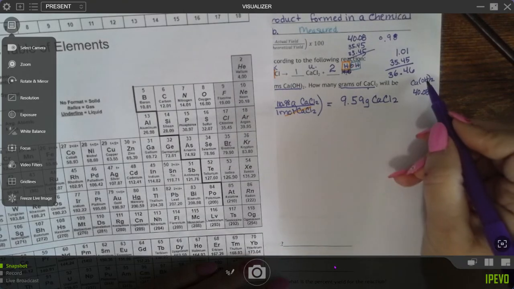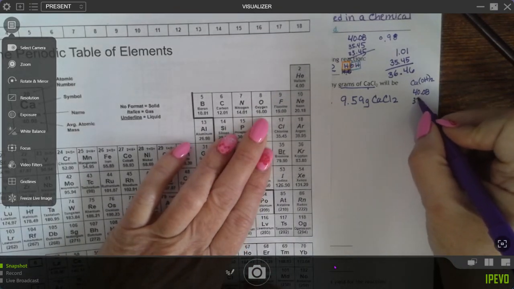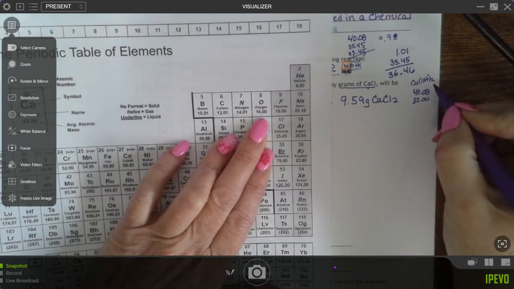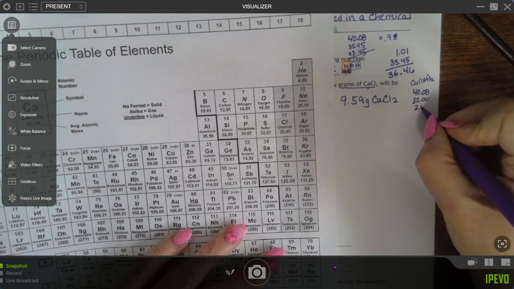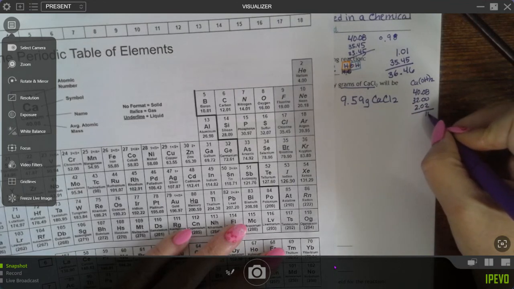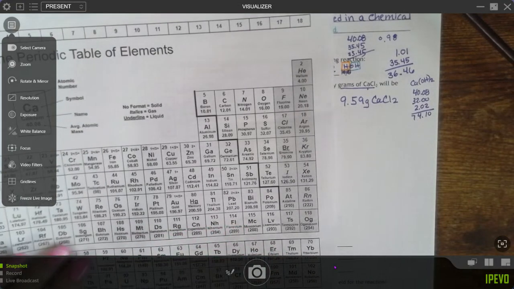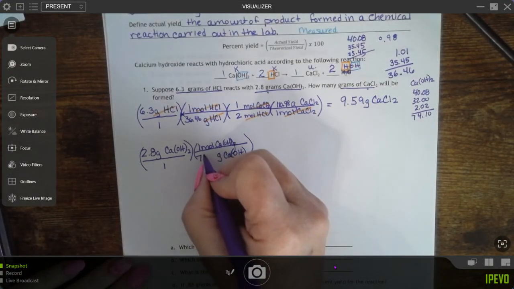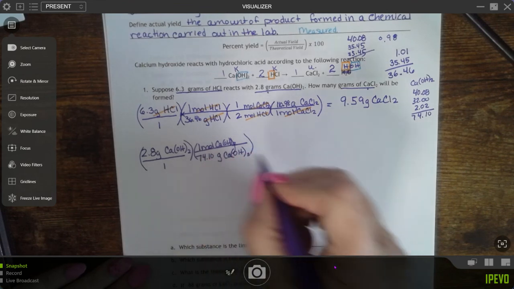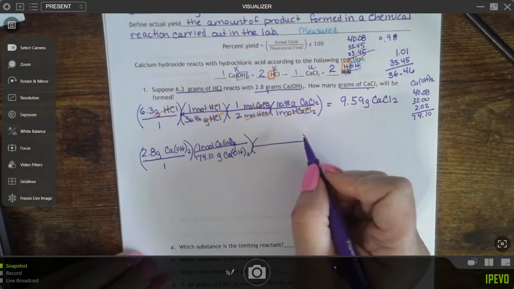And then we have 2 oxygens, so that's 32. And then we have 2 hydrogens. Hydrogens are 1.01, so that's 2.02. So 74.10 is the molar mass of calcium hydroxide.